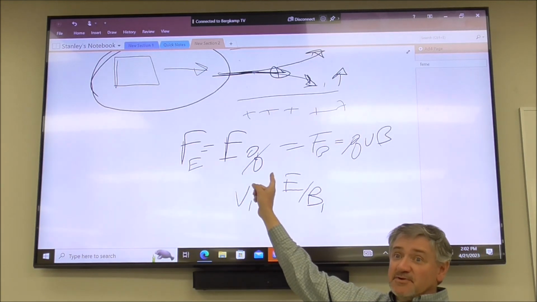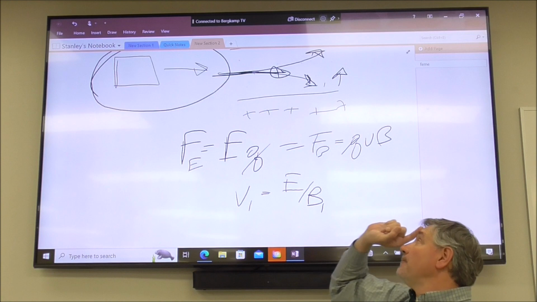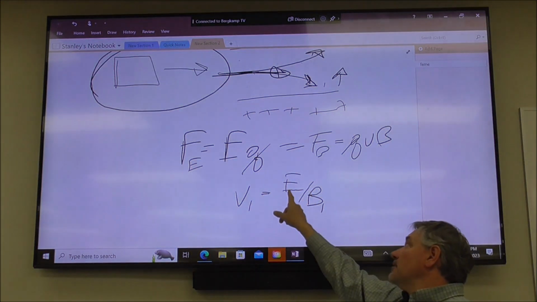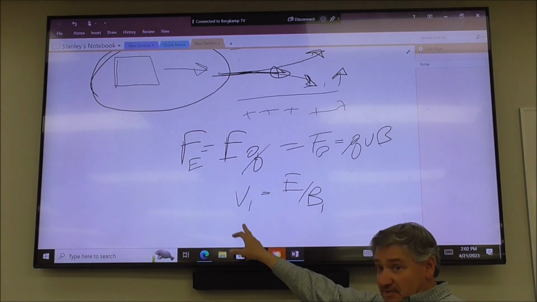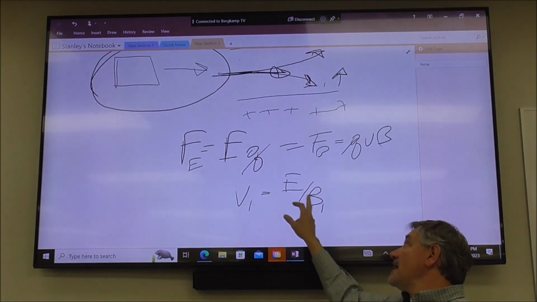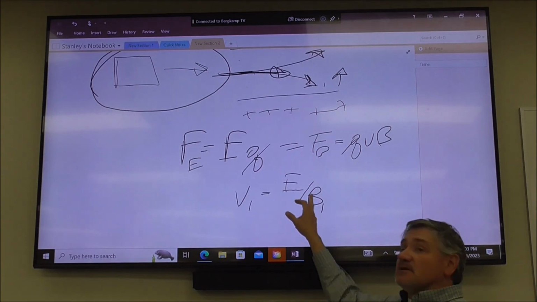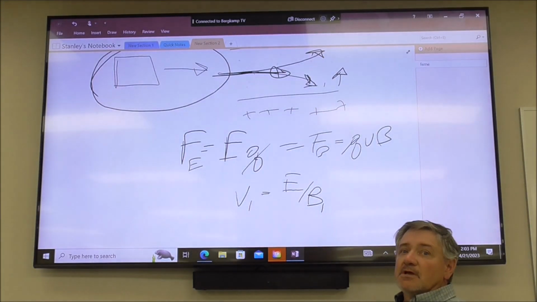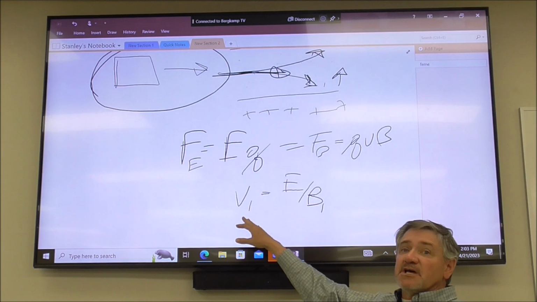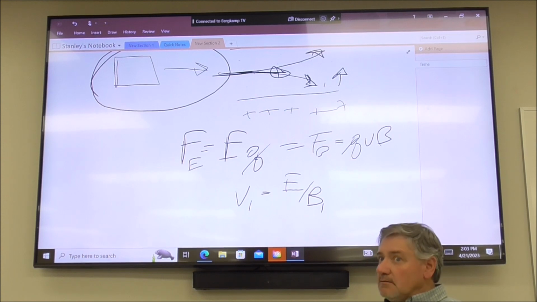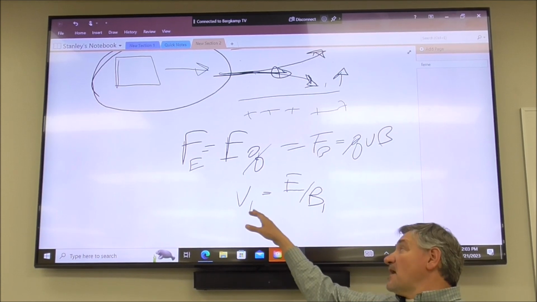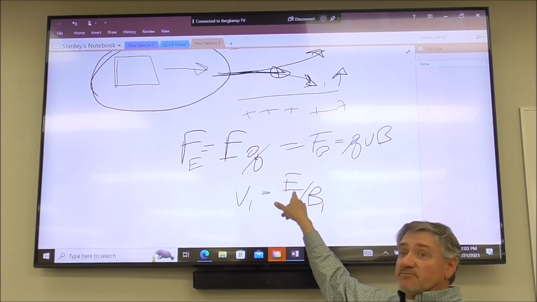Would it still fly straight through? Maybe. Now, does the velocity change this ratio? No, it doesn't. So let's say you have 1,000 meters per second versus 2,000 meters per second. Well, it does matter. If the velocity gets bigger, what has to happen to this ratio?